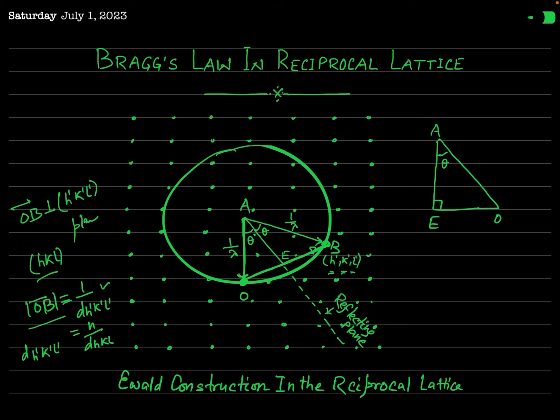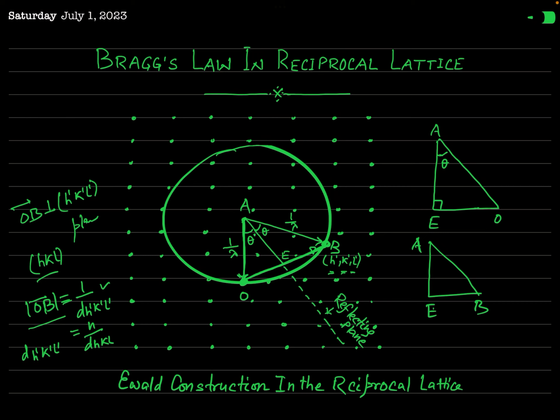Similarly, you can see the triangle ABE, with this point A, this point E, and this B.